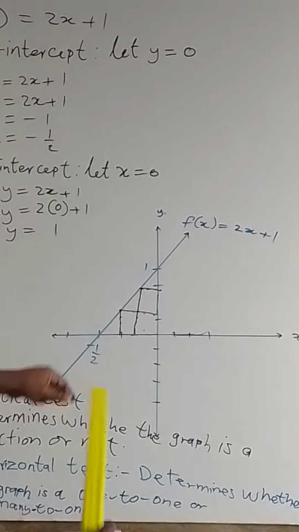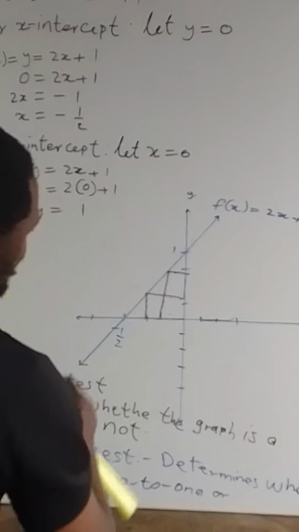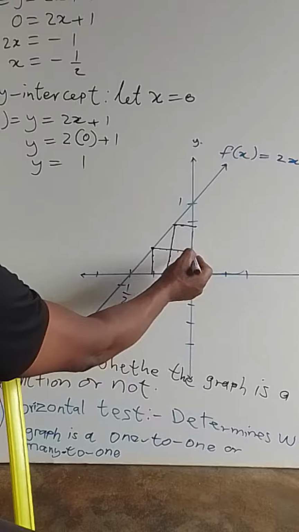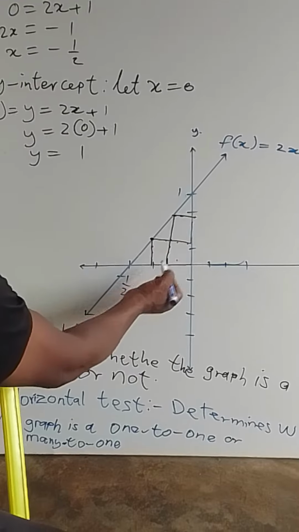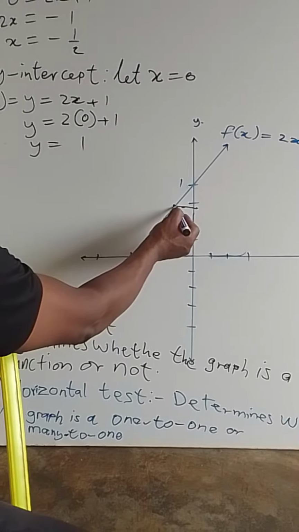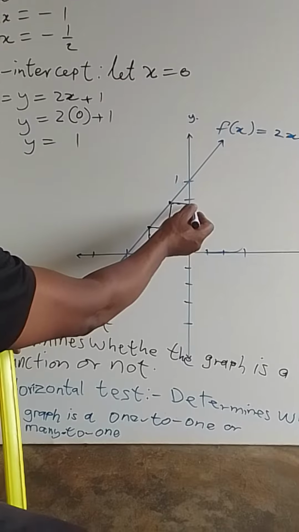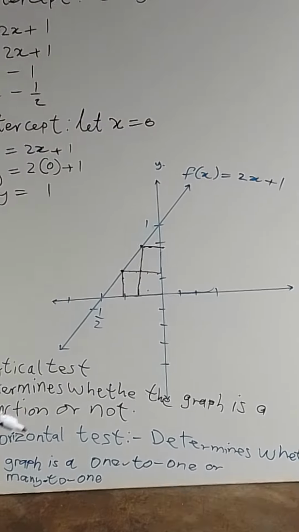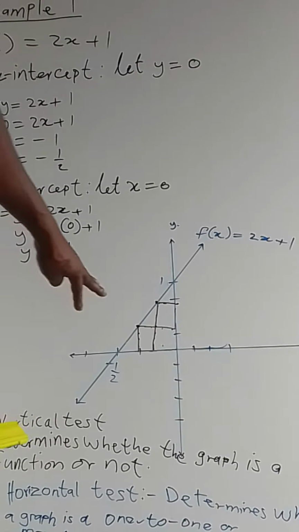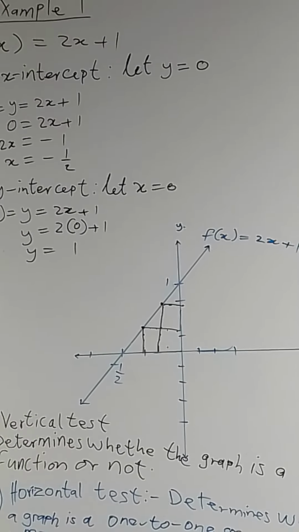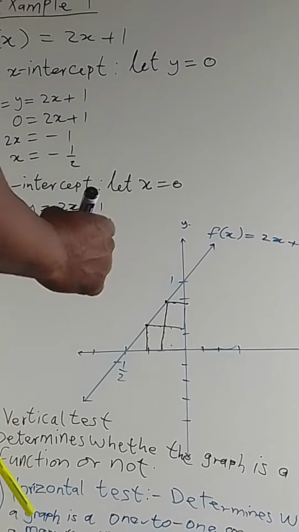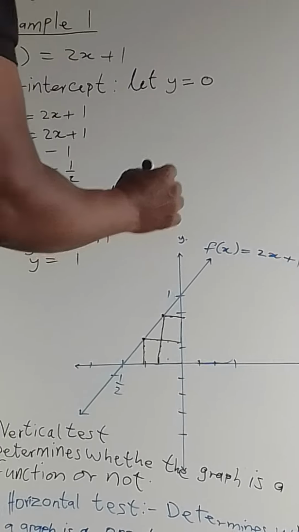You can see that one value of x here goes with one value of y, and here one value of x goes with one value of y. So what does that mean? It means that this is a function. What kind of function is this? It qualifies to be a function.